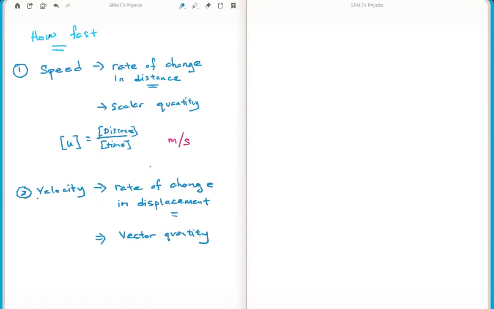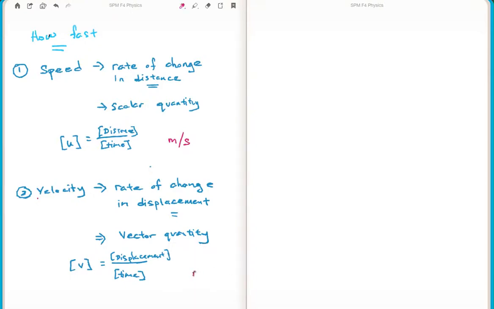For velocity, a vector quantity, it has the same unit, just that now you have small v. It is also something over time, dimension of time, but here it is displacement. So you need to report your answer as how fast and in which direction.